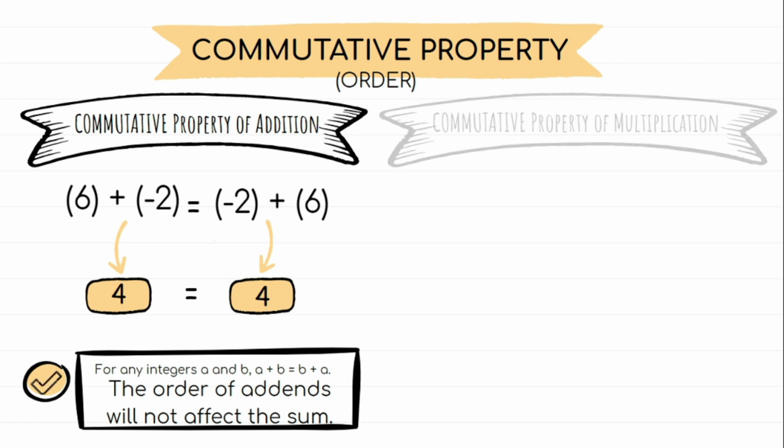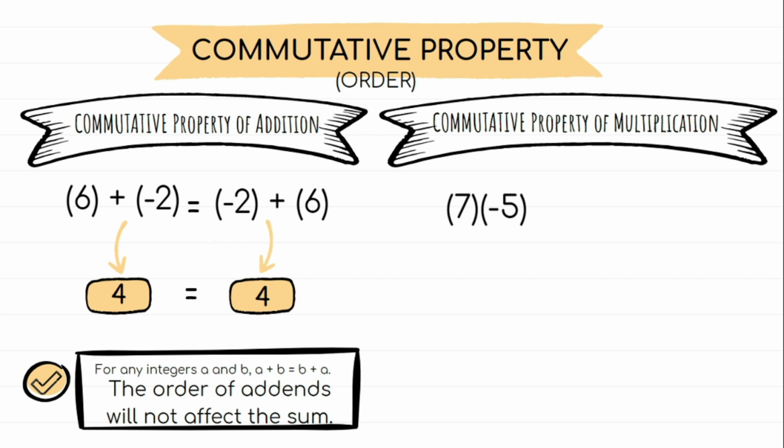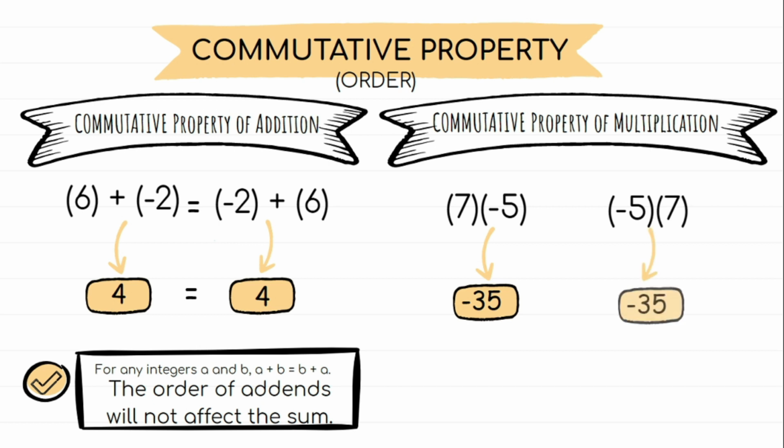Same with multiplication. Ibig sabihin naman ng commutative property of multiplication, so tingnan natin, if I have here 7 multiply sa negative 5, ang sagot dyan ay negative 35. Correct? Imumultiply lang natin, 35. Tapos, different sign, that's negative. Paano pag binaliktad ko? Meron akong negative 5 times positive 7. Same pa din ang magiging sagot. We still have negative 35.